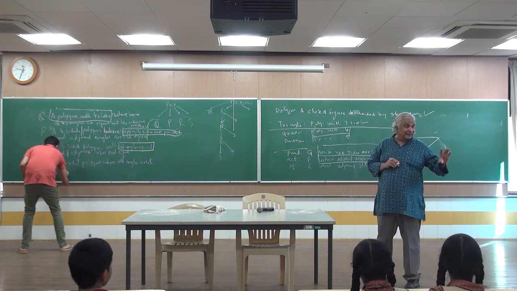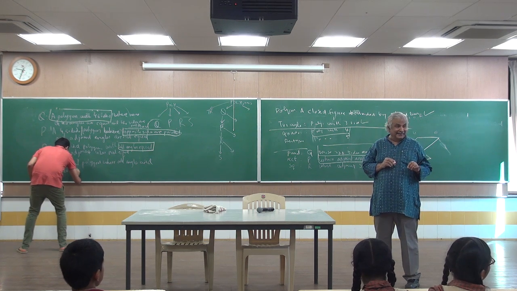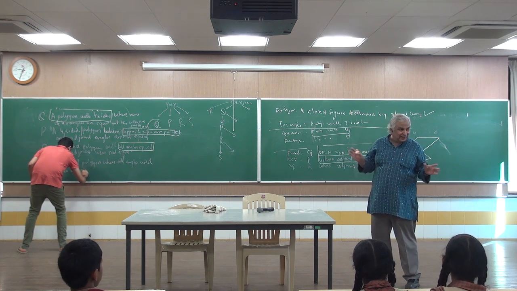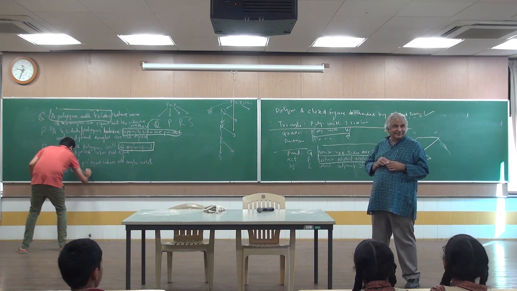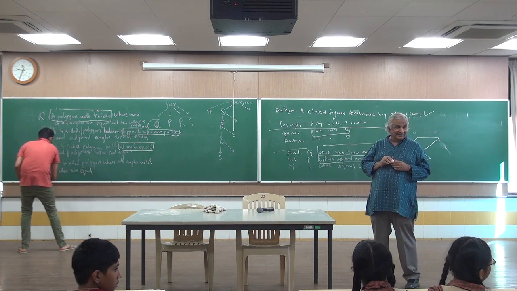But you have to make sure that the square is not a rectangle. It is not a parallelogram. It is not a quadrilateral. Oh, yeah. So we can just write a four-sided polygon where all sides are equal.